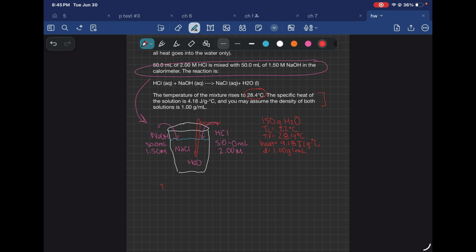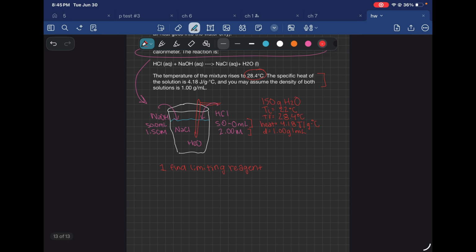So number one, let's find the limiting reagent. And to find our limiting reagent, we have to multiply our volume times molarity for each one of these. So volume times molarity.